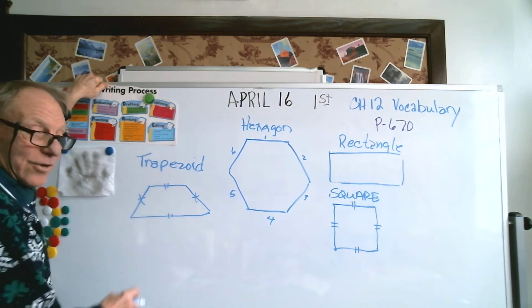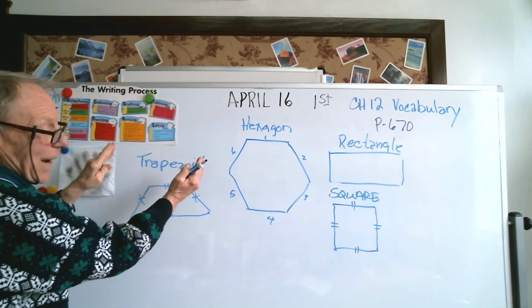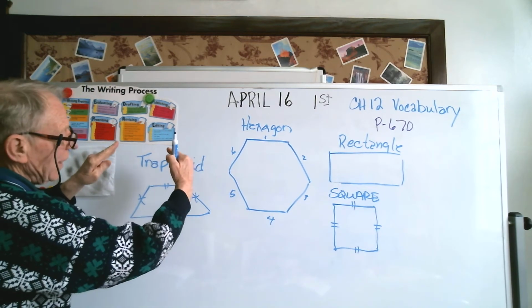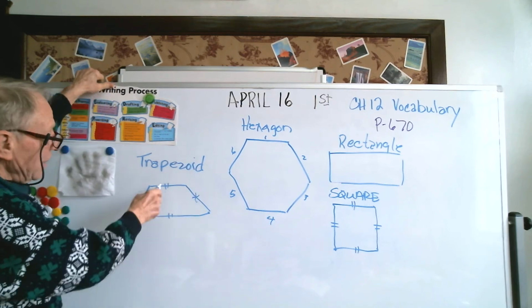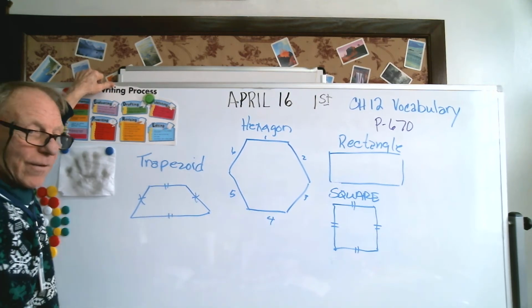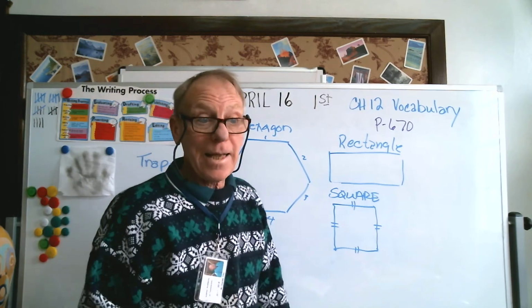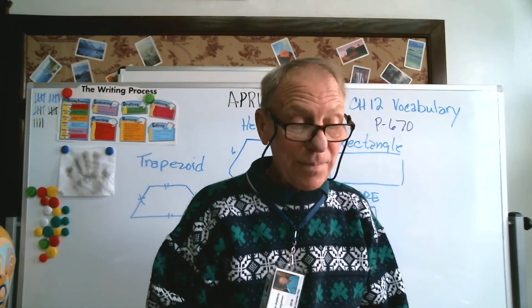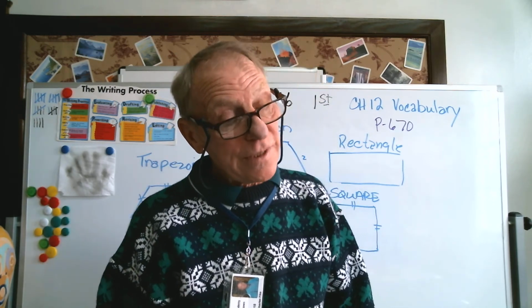These 2 sides are not parallel. They go in opposite directions. But these 2 sides are parallel. That's why it's called a trapezoid. That's why it's different than a rectangle.